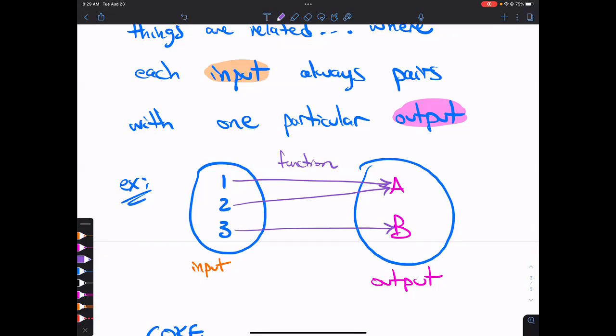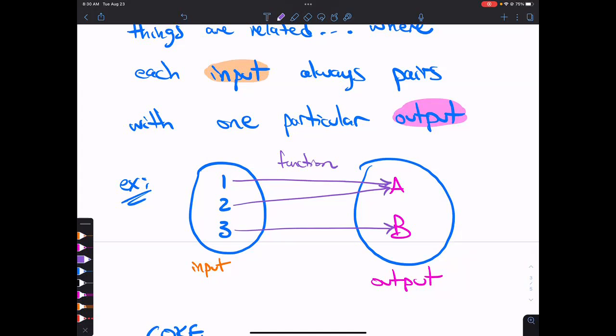Again, the function is the thing relating them together, and there are a lot of specific ways that can go, but it's the thing that's pairing these things up. So what this function does is it sends or maps or pairs 1 with A and 2 with A and 3 with B, right? It doesn't matter what 1, 2, 3, A, B are. It's just how they're paired together. That's the part we're looking at.